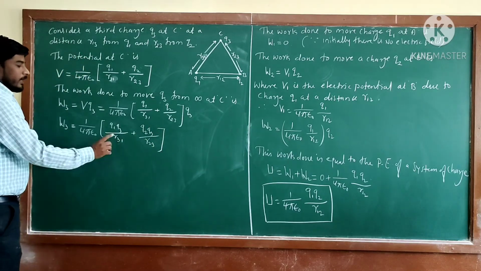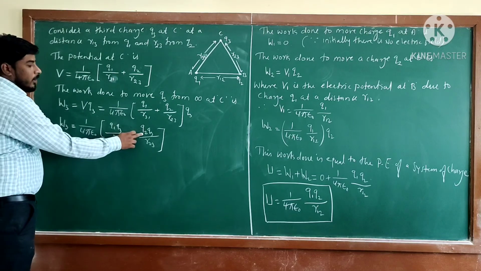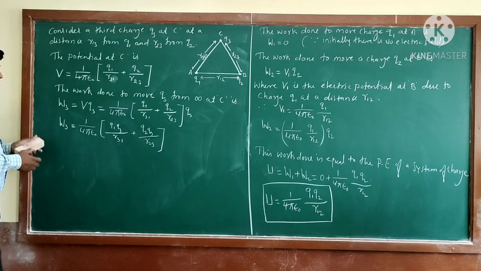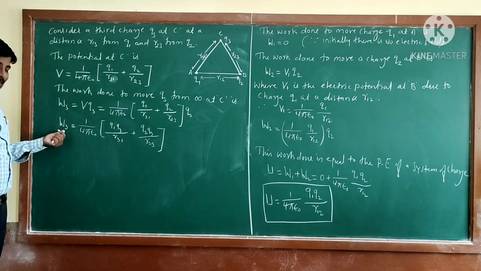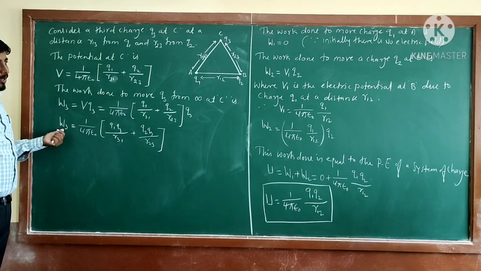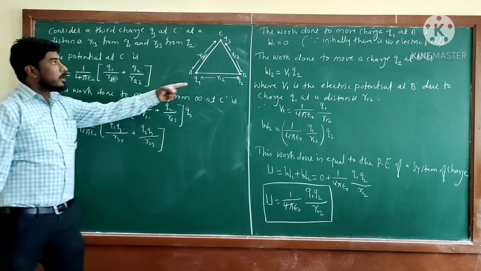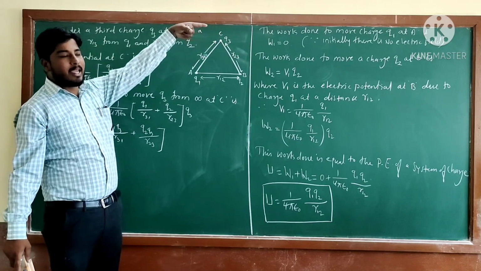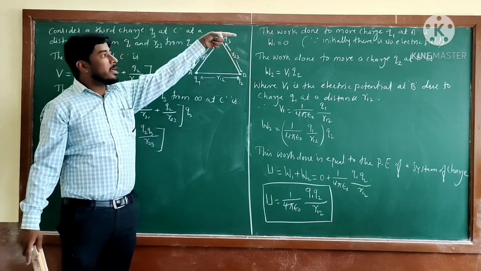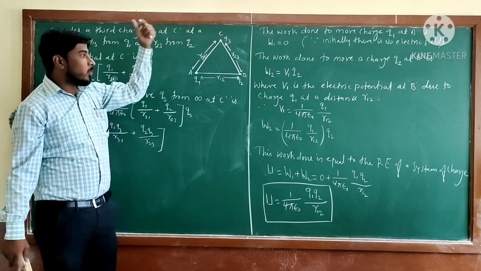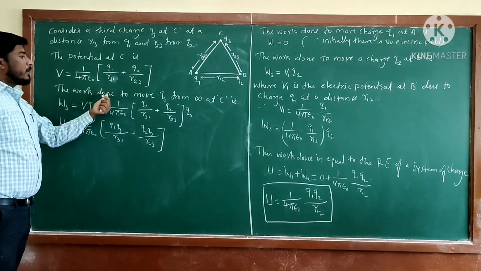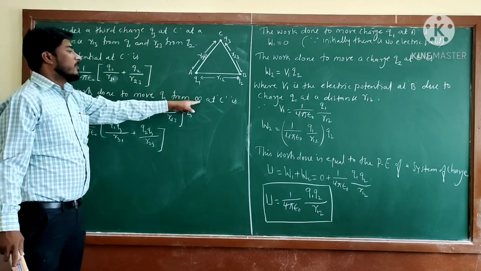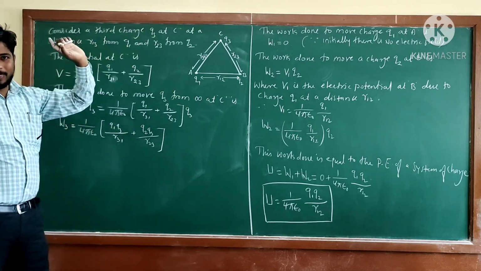So now there are three works done. W1 is the work done to move the charge Q1 to A. W2 is the work done to move charge Q2. W3 is the work done to move charge Q3 from infinity to C.